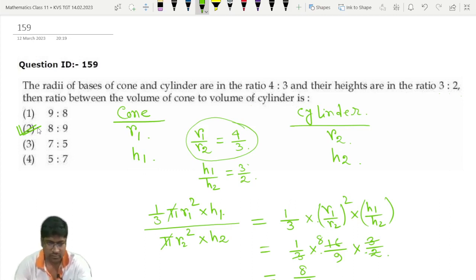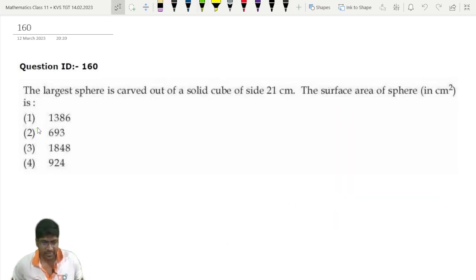Okay, now let's move to question number 160. The largest sphere is carved out of a solid cube of side 21 centimeter. The surface area of the sphere is what? Now can you tell me by visualizing what will be the diameter of the largest sphere carved out of a solid cube of side 21 centimeter?